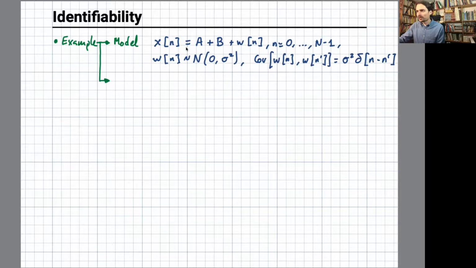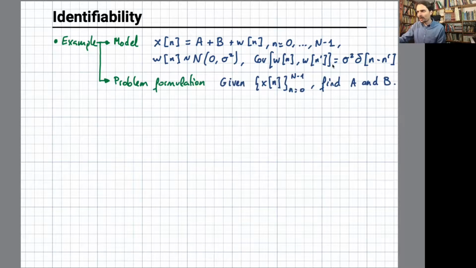Suppose that our samples are the sum of two parameters plus noise, and assume, for example, that our noise is Gaussian and white. Remember that this says that the covariance matrix of the vector W is a scaled identity, just two different ways of writing the same thing. And the problem is, given the samples, to estimate A and B.